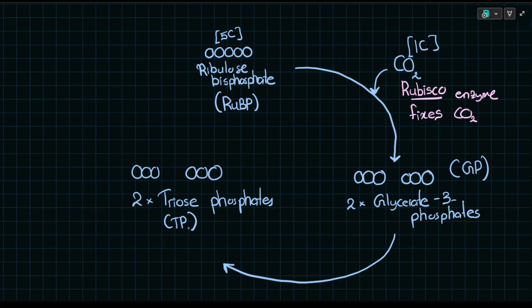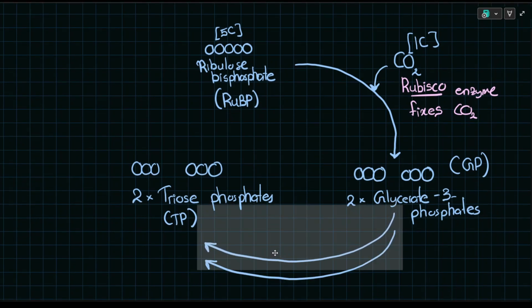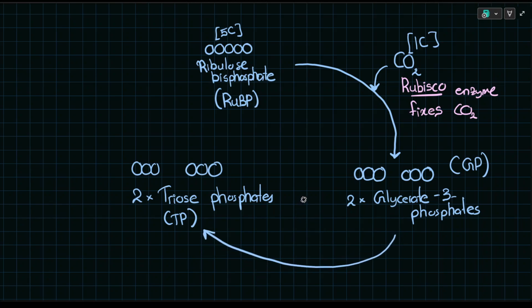Let me adjust this arrow a little bit. We have 2 triose phosphates, like so. And then we go from the triose phosphate back to the RuBP, ribulose bisphosphate.